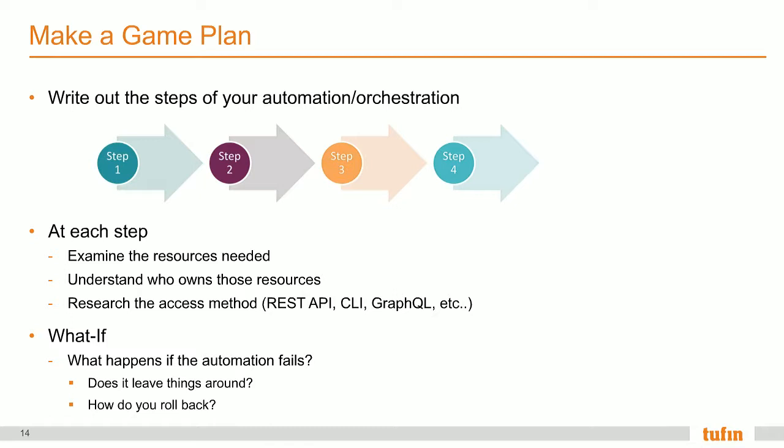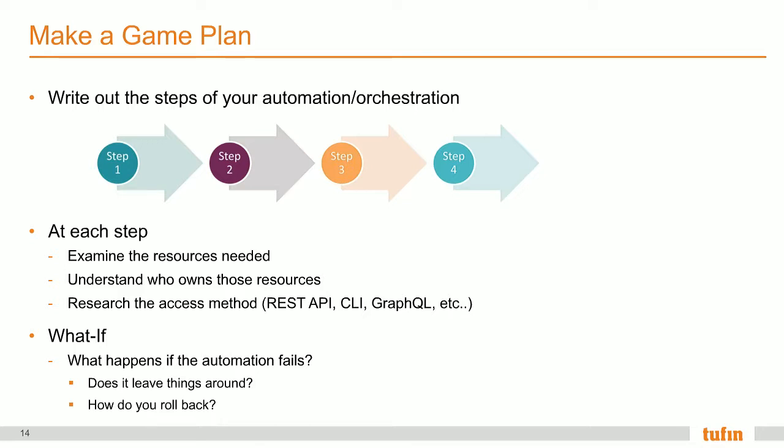What APIs will I interact with? If somebody owns a resource in another BU that I have to get access or permission to use, et cetera. Because there's nothing worse than getting through steps 1, 2, and 3, and then the whole project is on hold because you're waiting for a ticket to be closed or access to be given. You want to make sure that you can smoothly conduct your automation.